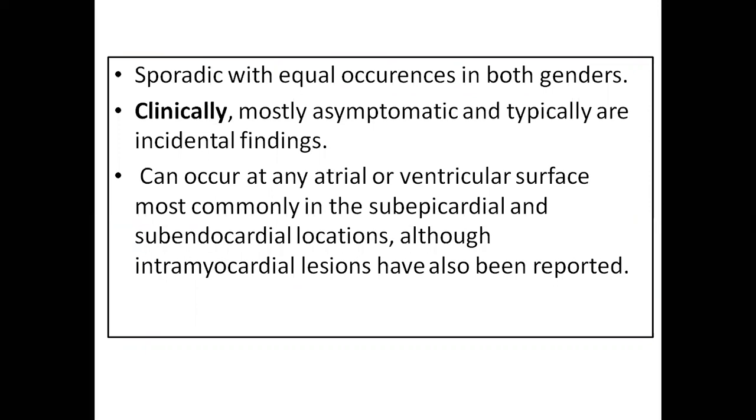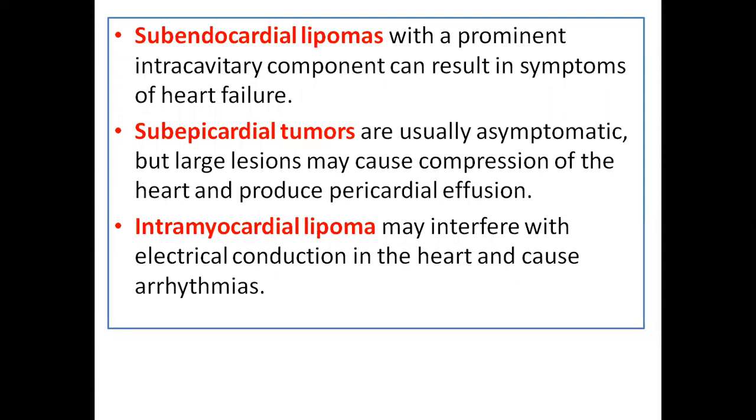It can occur at any atrial or ventricular surface, most commonly in subepicardial and subendocardial locations, although intramyocardial lesions have been reported. A subendocardial lipoma with a prominent intracavitary component can result in symptoms of heart failure.